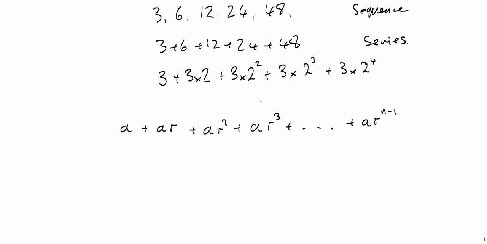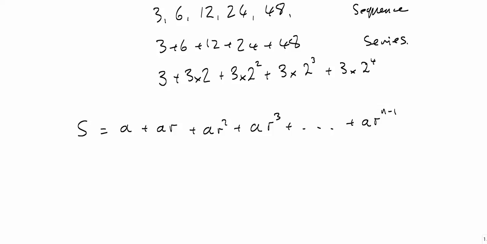Now this is a proof that you will need to learn because it might be asked for in the exam, and we do it in this way. Let's call this S. The sum of the series is S.